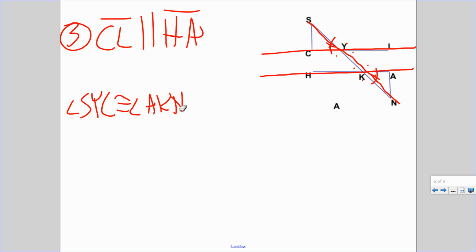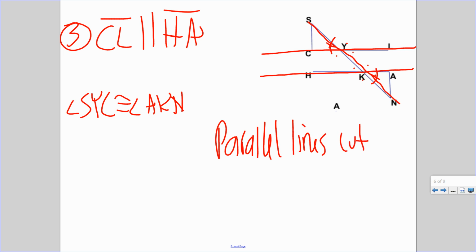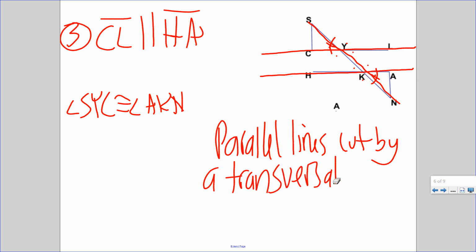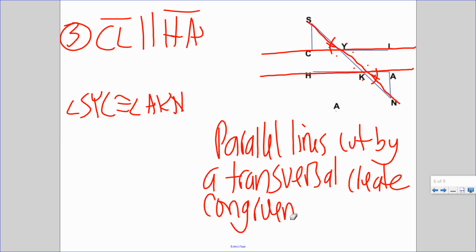And the reason, well, it always starts with parallel lines cut by a transversal, create congruent. Now, are they both in? Are they both out? Or is it one and one?